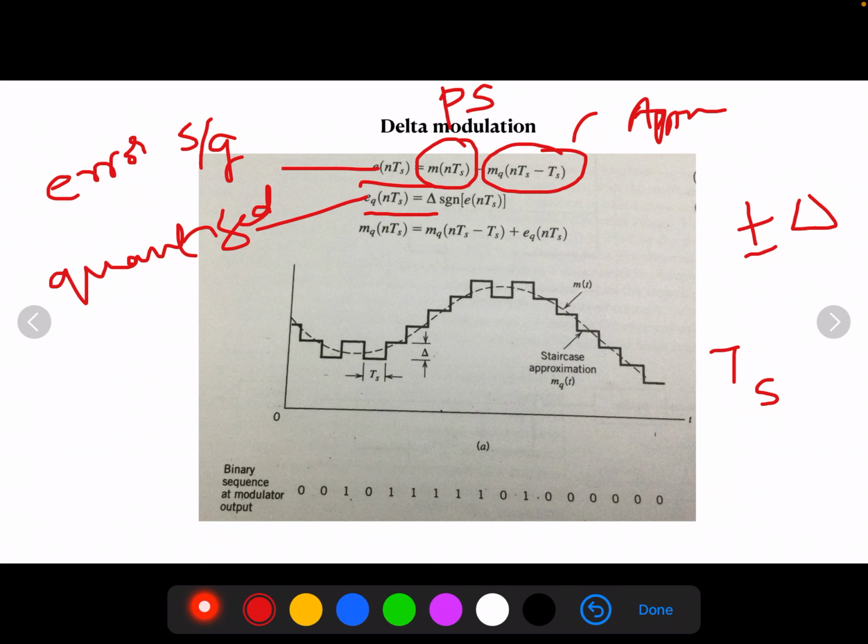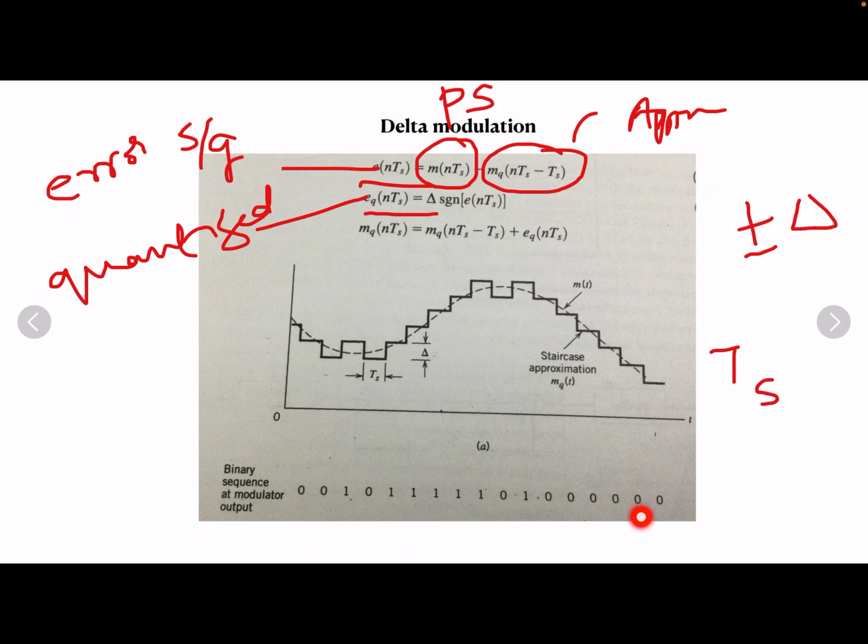The diagram shows how the staircase approximation mq(t) follows the variations in the input signal, as given in the equation. It also displays the corresponding binary sequence, whether it is 0 or 1.